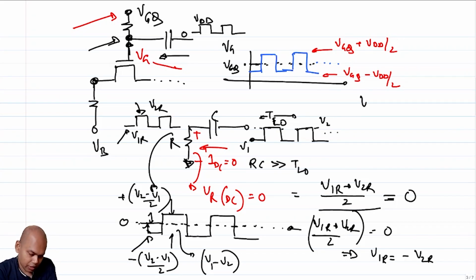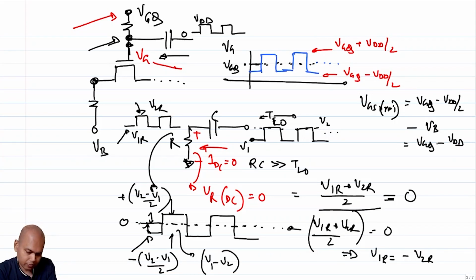So your VGS min becomes VGQ minus VDD by 2 minus VB, and we assume VB to be equal to VDD by 2, which is equal to VGQ minus VDD, correct? So your V overdrive minimum under quiescent condition is VGQ minus VDD minus threshold voltage, right?